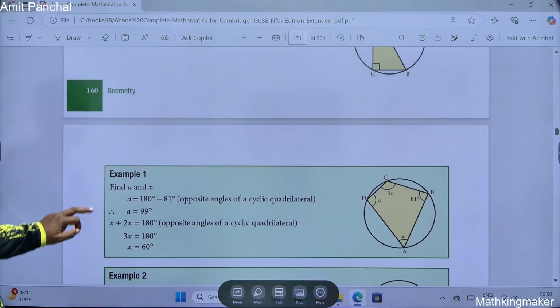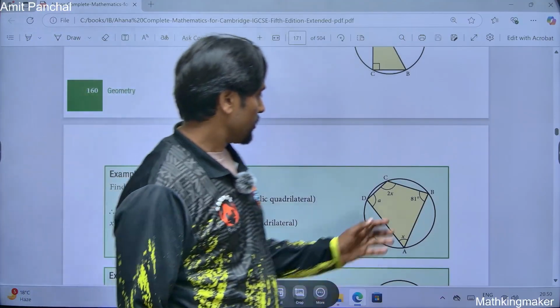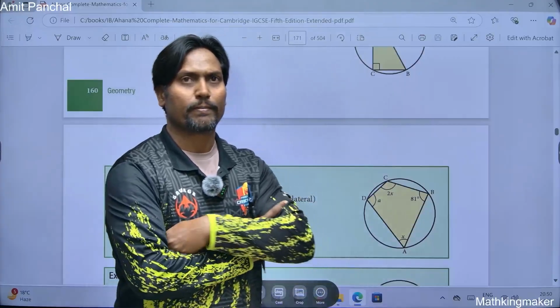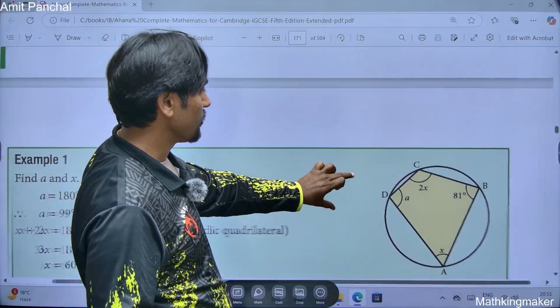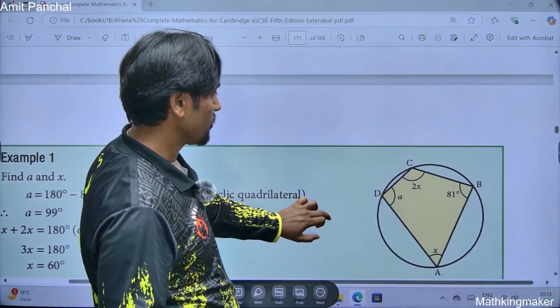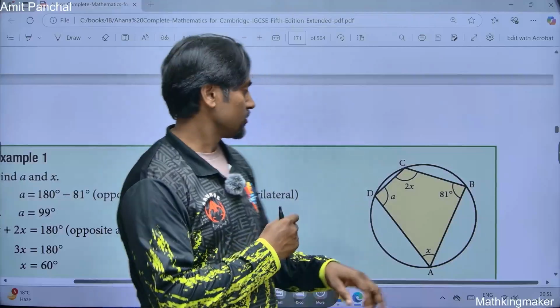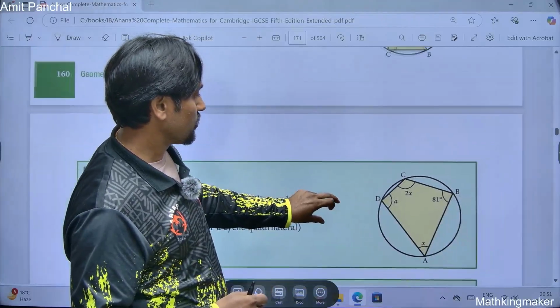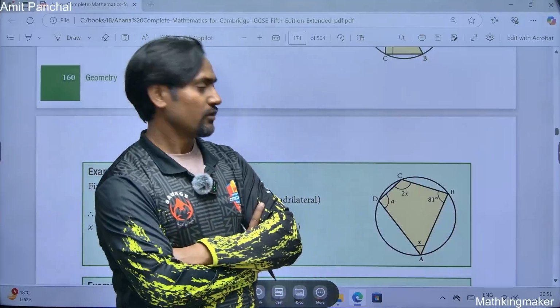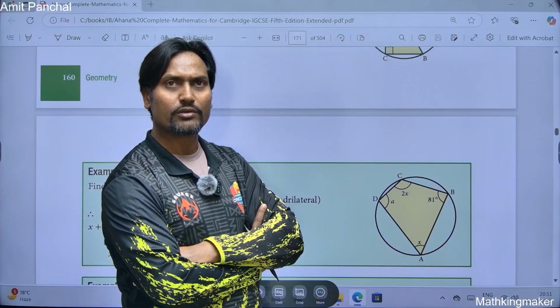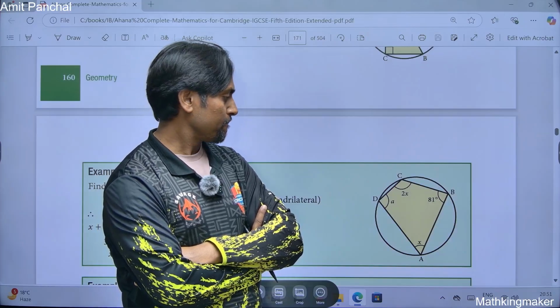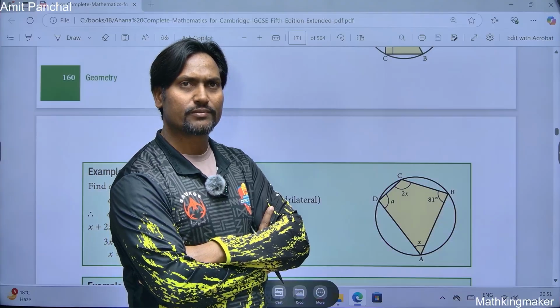Now this is your example. Can you do this question? Is it visible? Should I zoom it? So A is 19. Okay, very good. What is x?